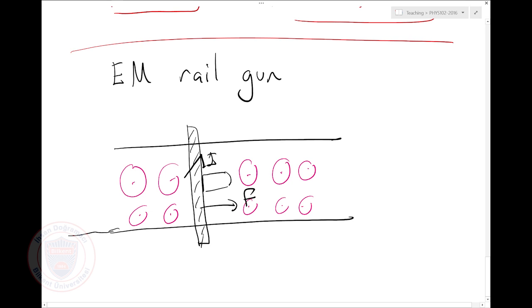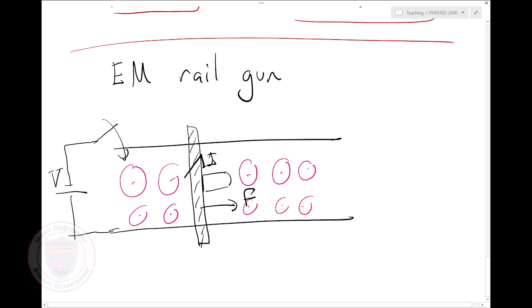So the logic is that if I take a voltage source V here, and the switch, when I close the switch, a lot of current will run through the circuit, there will be a lot of force, and I'm going to accelerate my bullet and fire it.